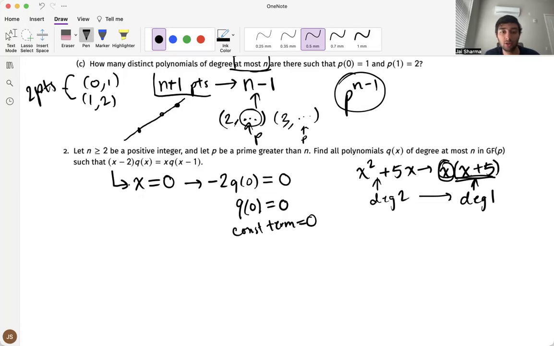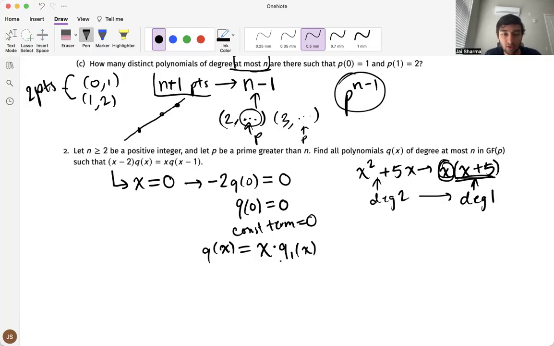So we have q of x, and this is equal to x times some other polynomial. In the solution we call it q1 of x.